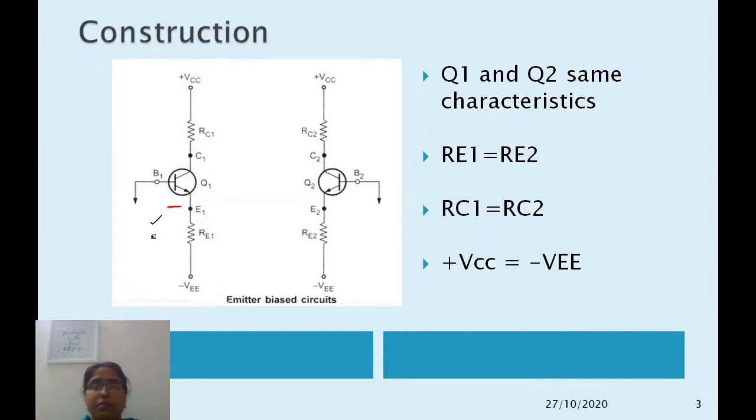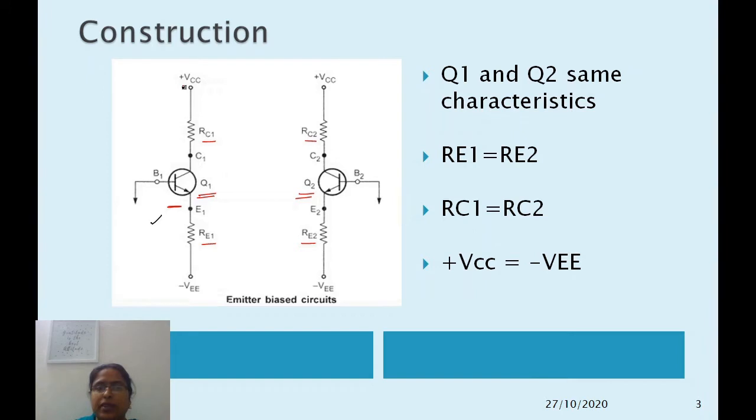The two emitter biased circuits are identical to each other. The transistors Q1 and Q2, which are NPN transistors, are identical, meaning their characteristics are matched, and the emitter resistance RE1 is equal to RE2. Similarly, the collector resistance RC1 is equal to RC2.